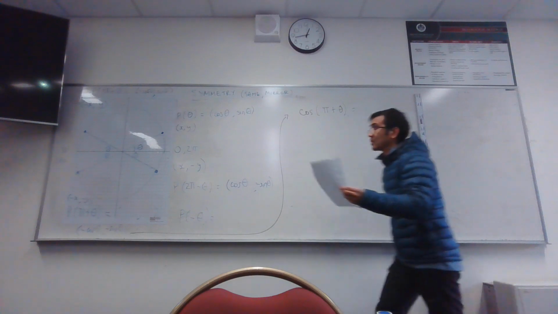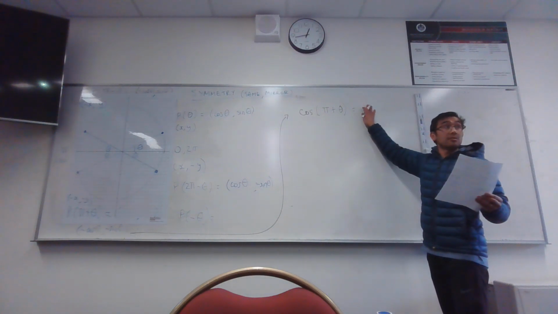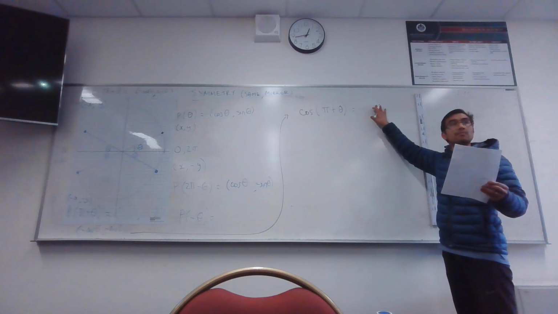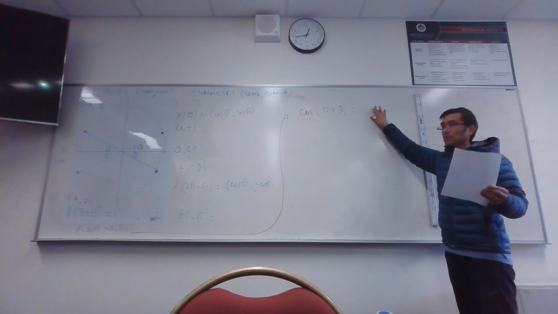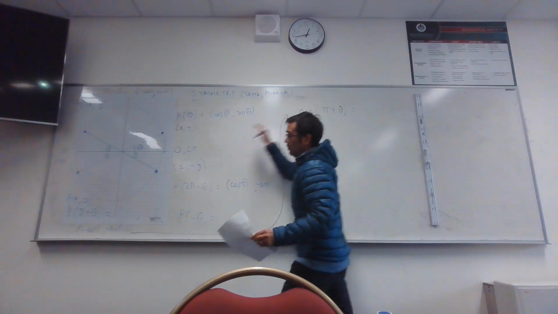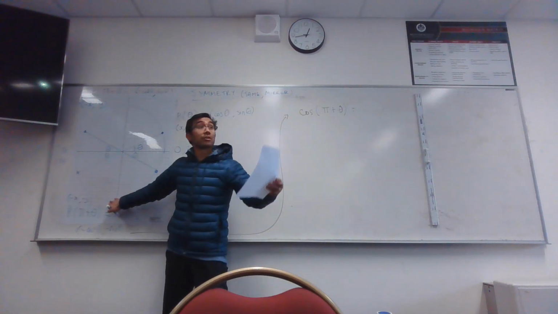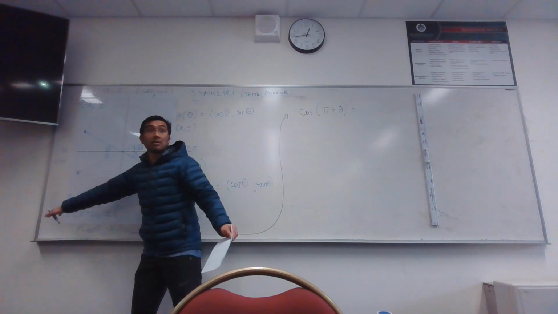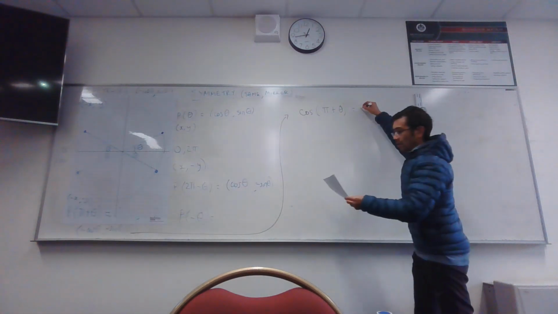What is it in regards to x? Cosine refers to what letter? Okay. But what type of x is it in here? Negative. So negative x.